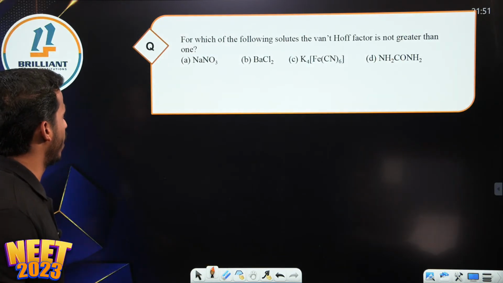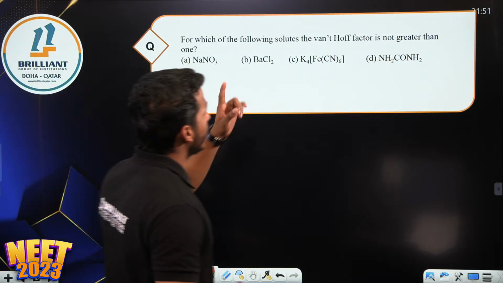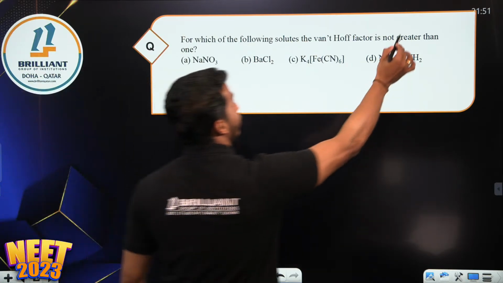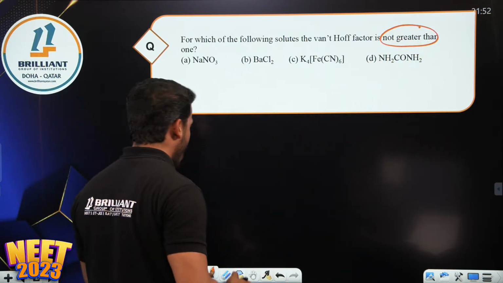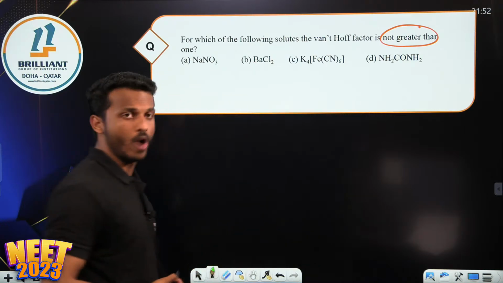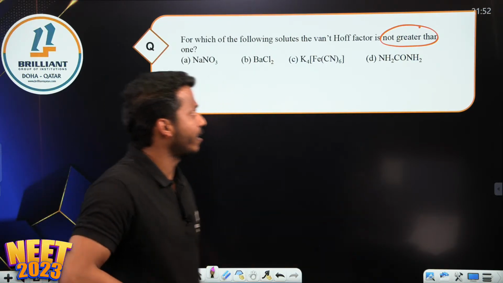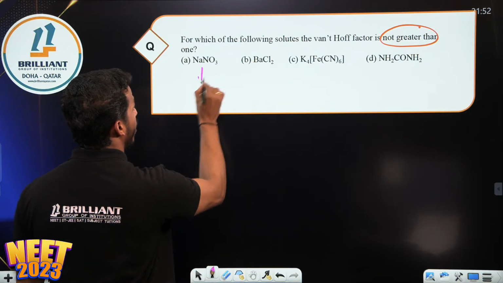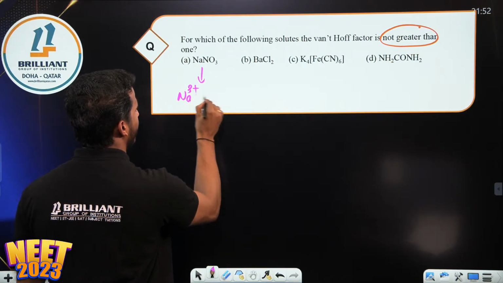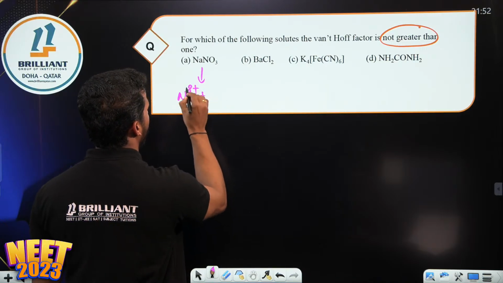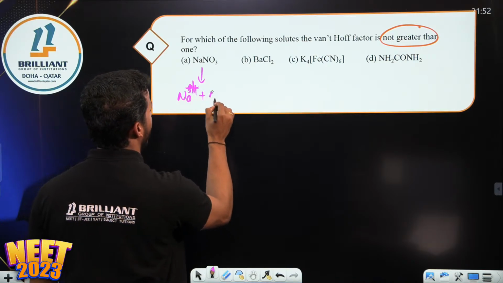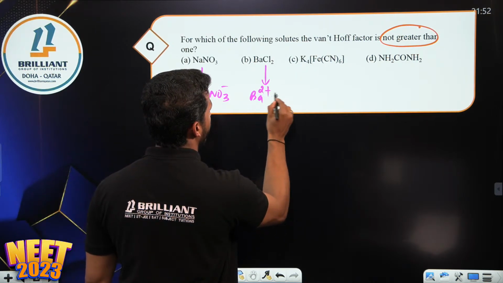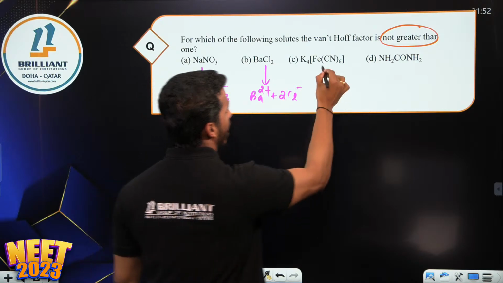Okay. Next one. For which of the following solutes is the Van't Hoff factor not greater than 1? Come on fast. In which case is the Van't Hoff factor not greater than 1? NaNO3 splits, it will give you Na plus and NO3 minus. Barium chloride splits, it will give you Ba2 plus and 2Cl minus.